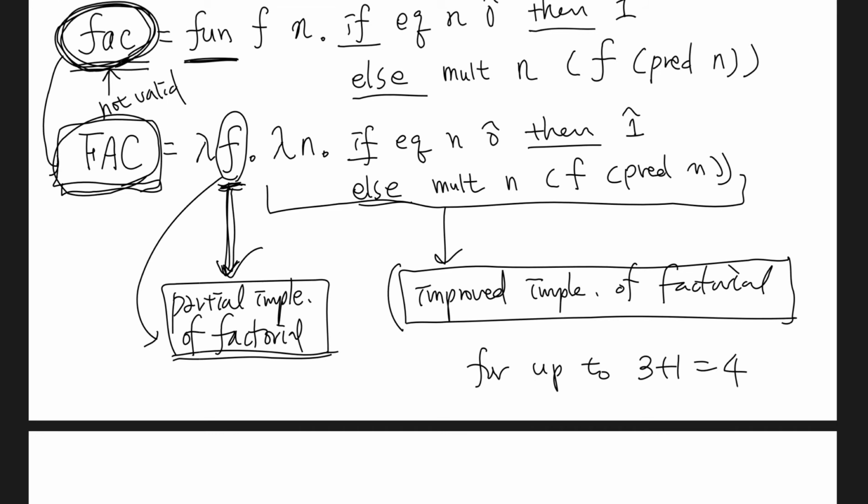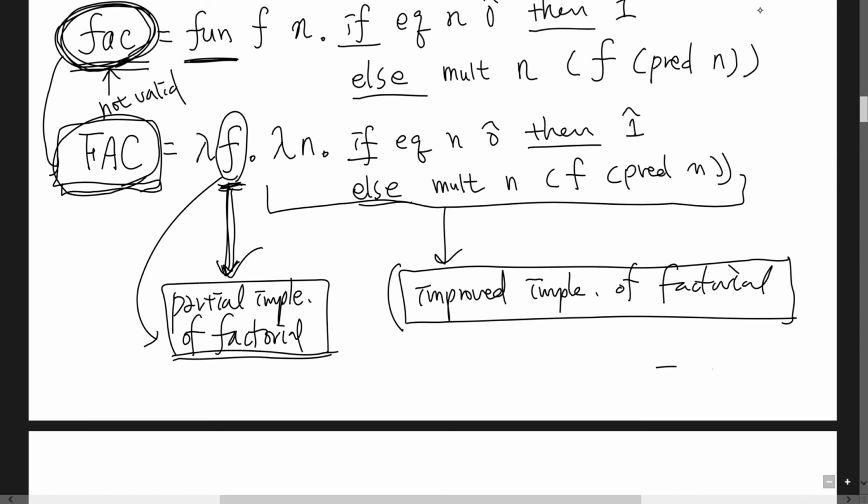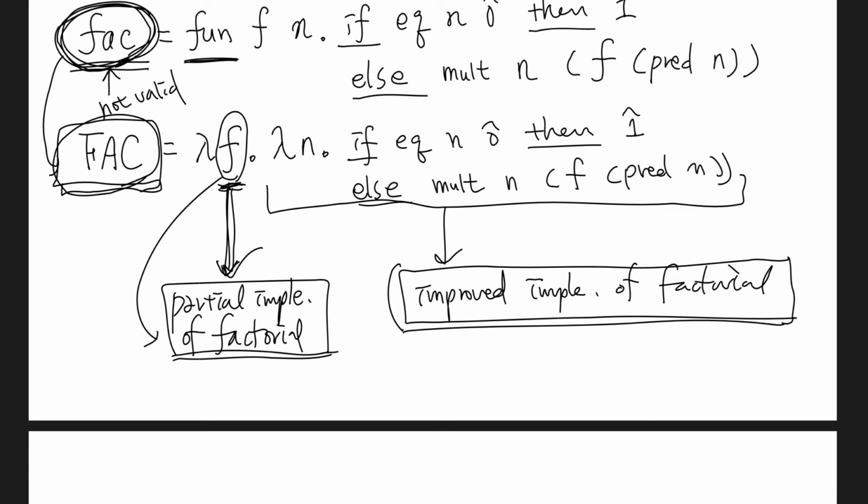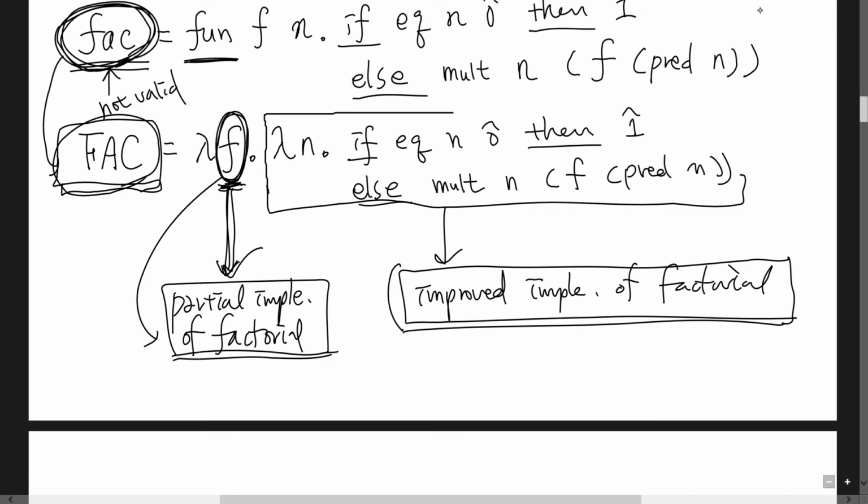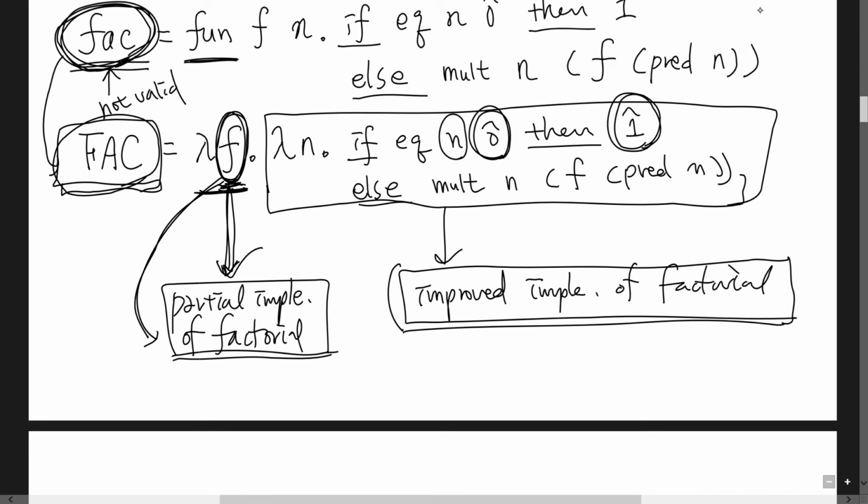Still, even in that case, this resultant function calculates factorials correctly for up to 0, because no matter what kind of function we use for this f, this resultant function returns 1 whenever the argument is 0. So this is the correct result for argument 0. So regardless of the actual function provided as an argument for f, this resultant function calculates factorials correctly at least up to 0.